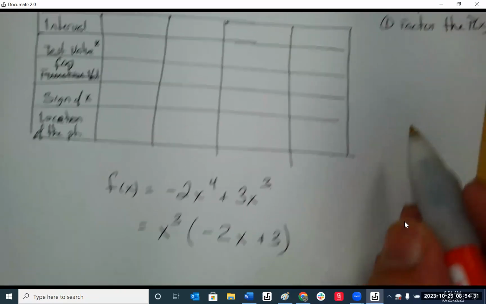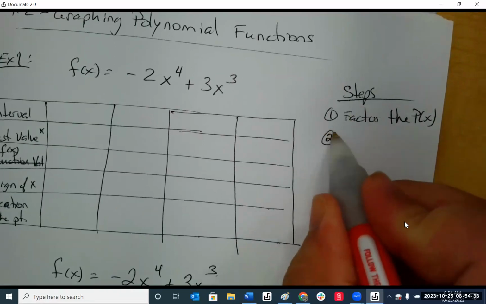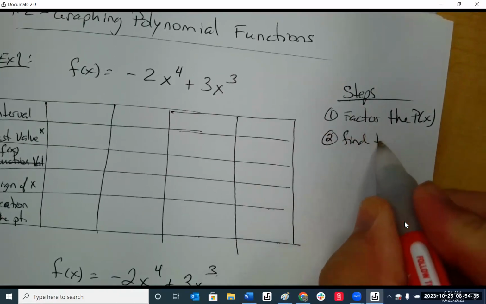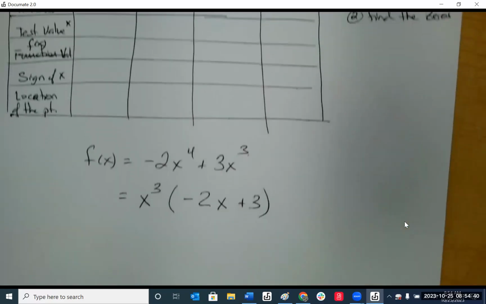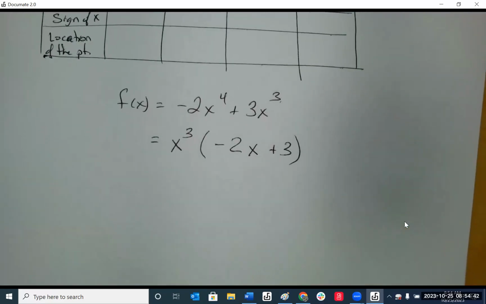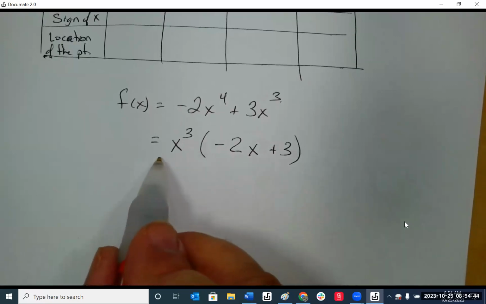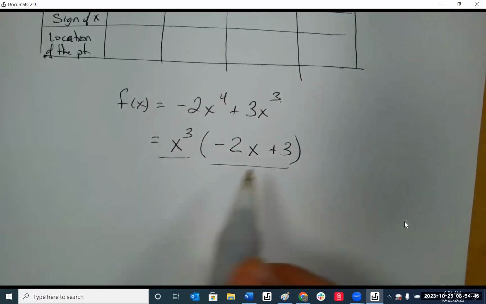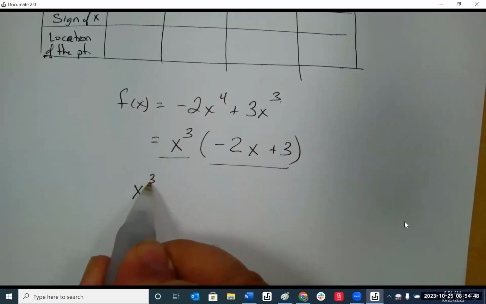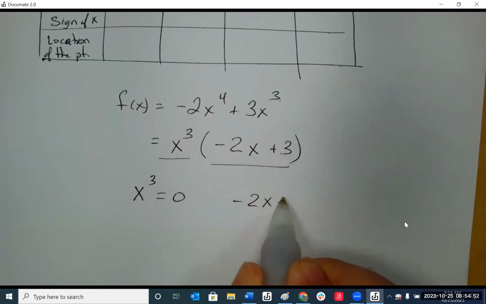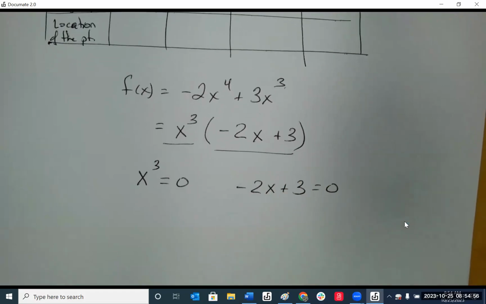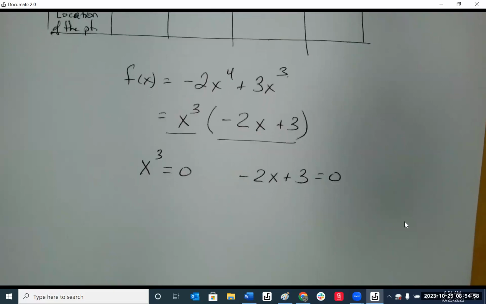So, second step, find the zeros. How do we find the zeros? Anything that has an x, set it equal to 0, and solve for x.